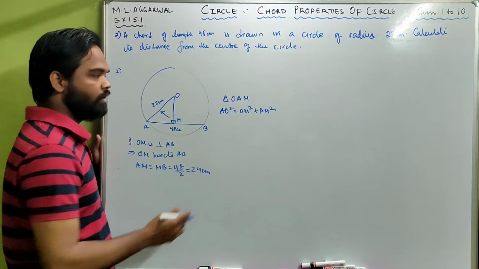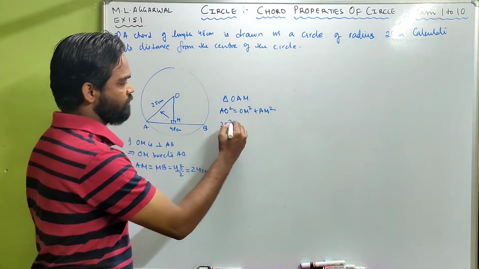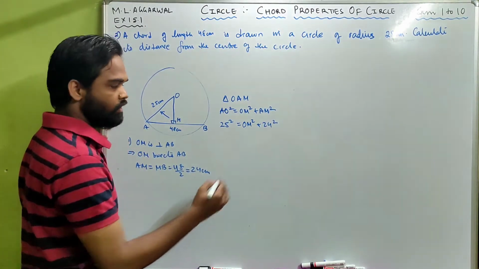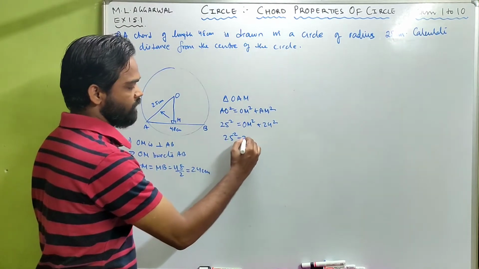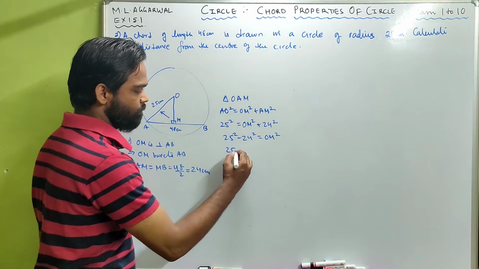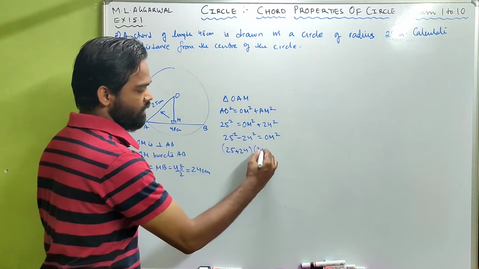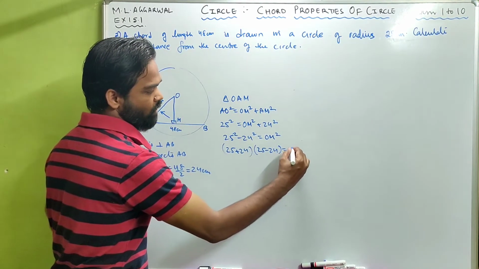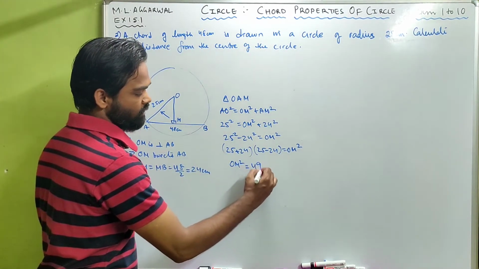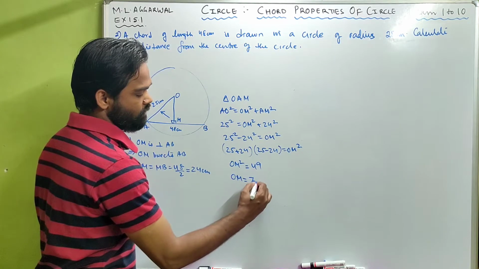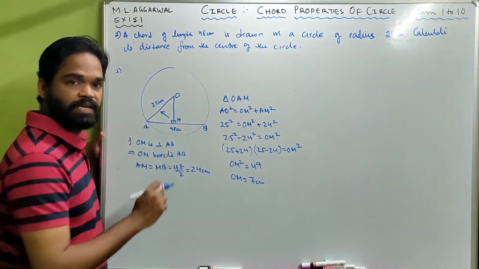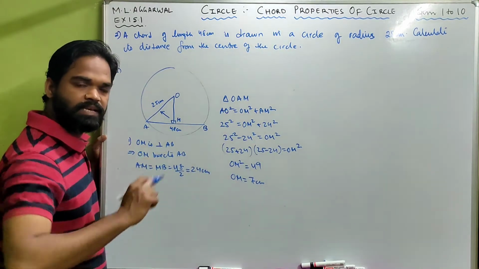No doubt in that. So AO square is 25 square, OM square we don't know, plus this is 24 square. So 25 square minus 24 square equals OM square. A square minus B square is A plus B into A minus B, equals OM square. So that's 49. So OM square equals 49, which means OM equals 7 centimeter. Which means the distance of this chord from the center is 7 centimeter.